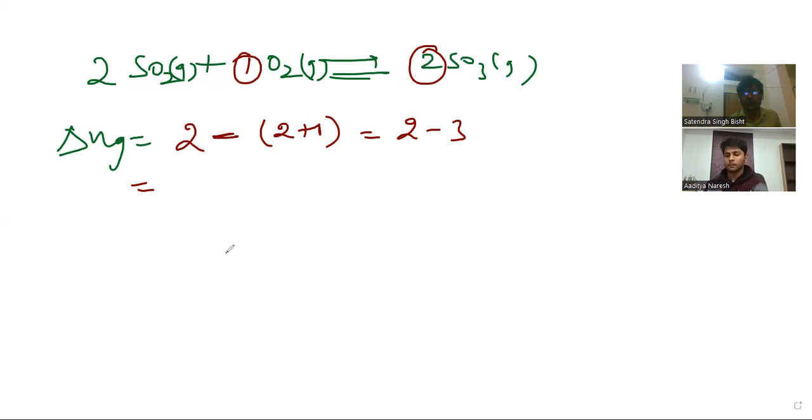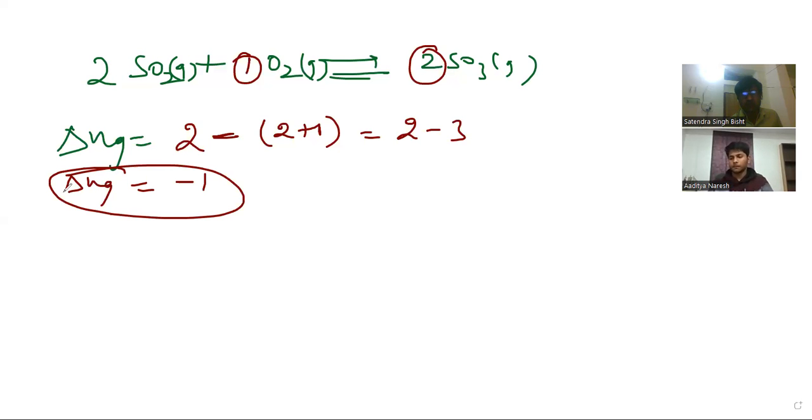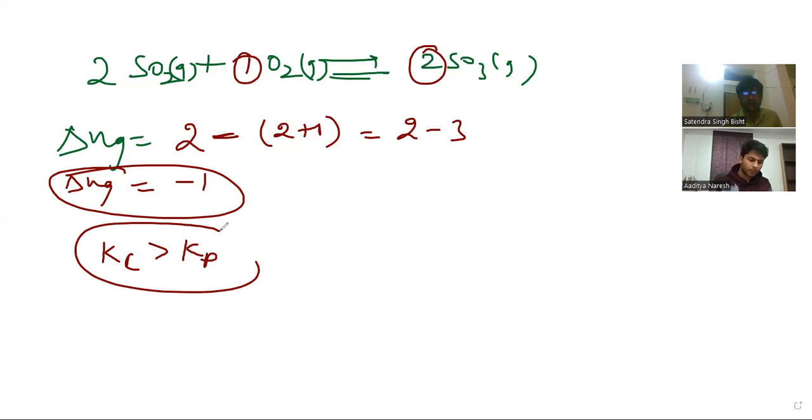The value of del Ng is minus 1. Its value is negative, which means Kc is greater than Kp. Is it clear? Yes, sir.